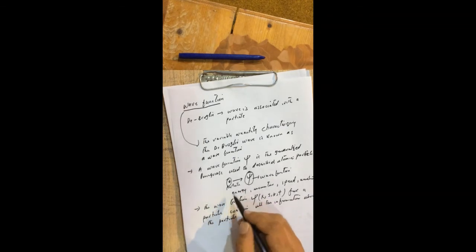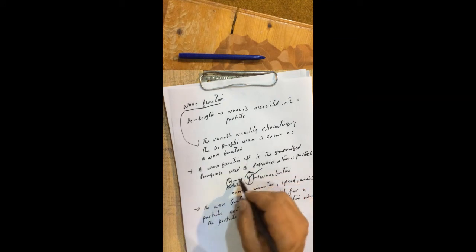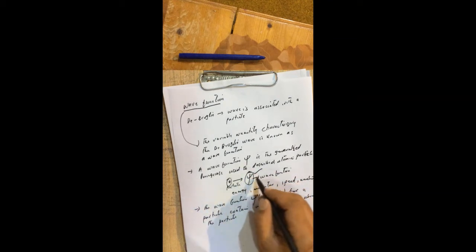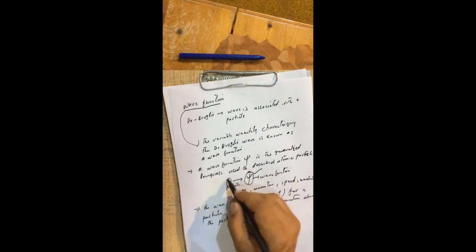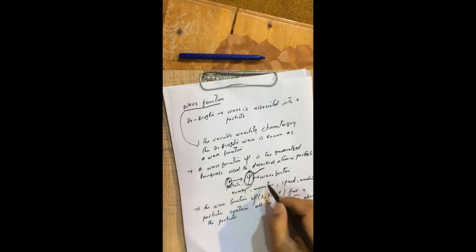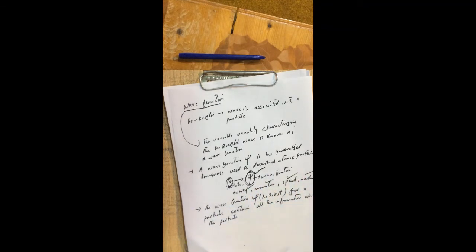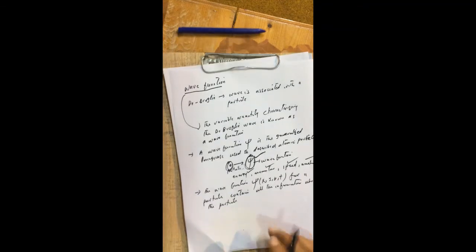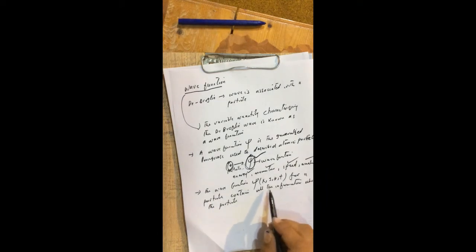A particle is represented by a wave function, or we can say that a wave function is the generalized language which is used to describe a particle. Once we know the wave function, then we can calculate all the properties of the particle, like the energy, momentum, speed, acceleration, etc. So the wave function, which is a function of the three coordinates and time, contains all the information about the particle.